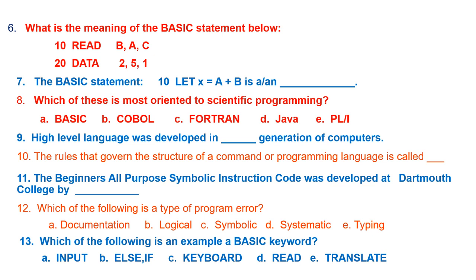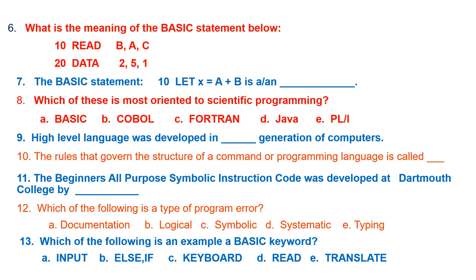Number 12, which of the following is a type of program error? We have the options there, but the error there is the logical error. That's the type of program error. Of course, logical errors can be the most difficult to handle when doing programming. Why?